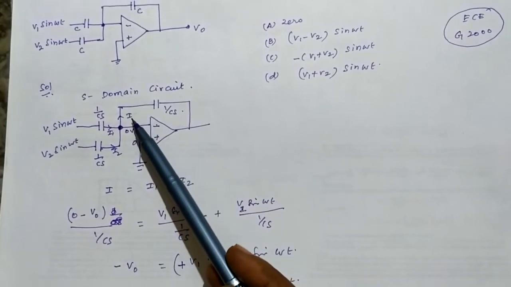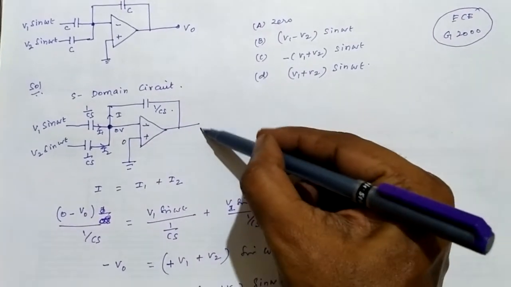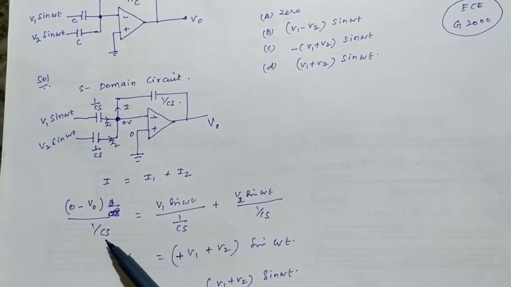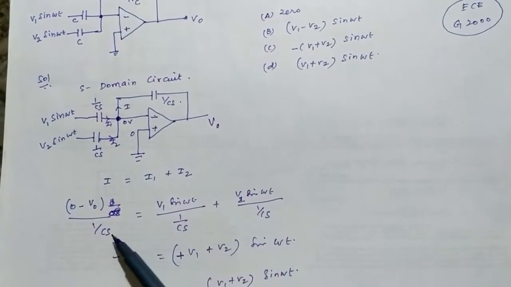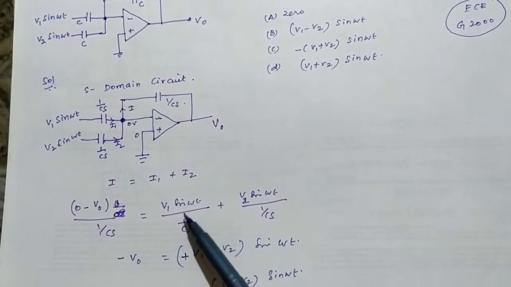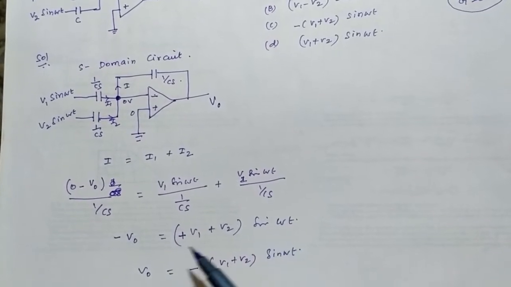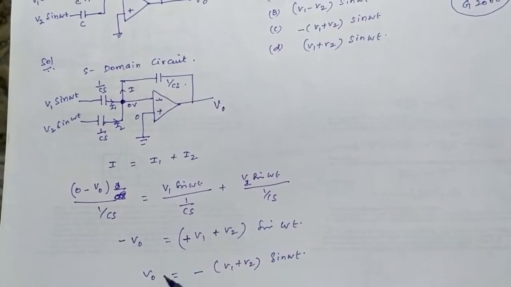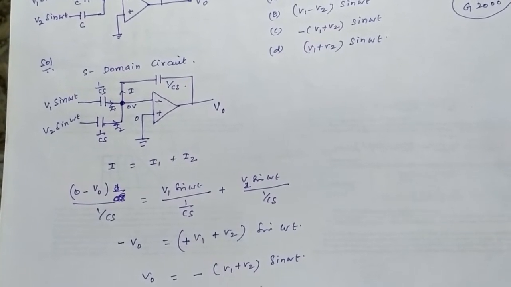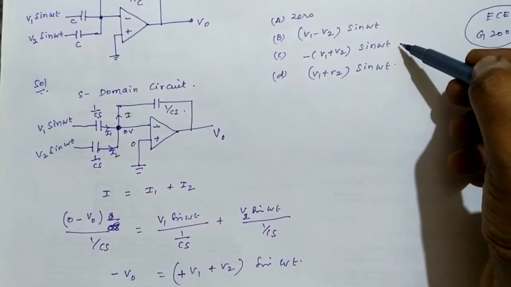And the output current is equal to 0 minus V0 divided by 1 by Cs. So all the 1 by Cs terms get cancelled. On the left side we have minus V0, and on the right side sin omega t can be taken common. Therefore, the output voltage is equal to minus of (V1 plus V2) sin omega t. So this is the answer.